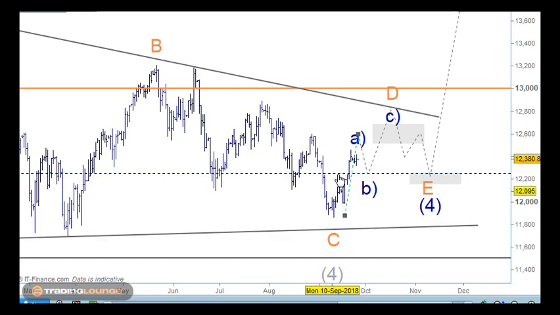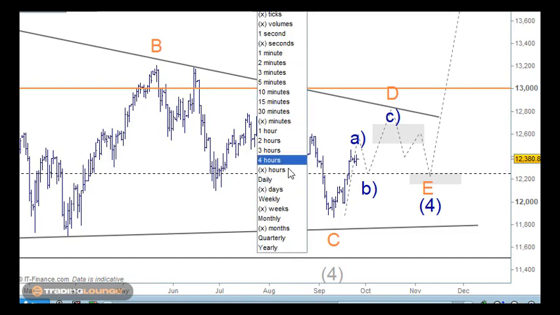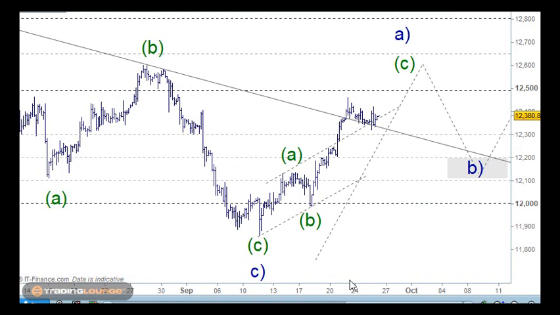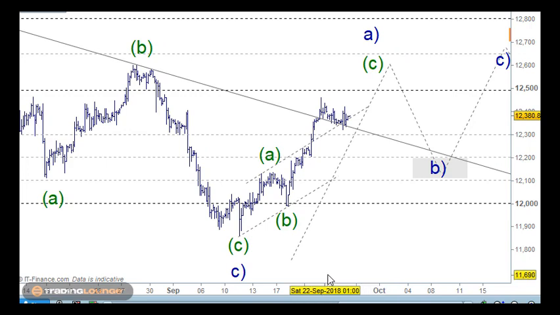If it was an A and a B and a C up here to make wave A, then wave A and wave C would have some sort of relationship in terms of equality, but this move up through here is really quite strong, so it makes it pretty much a third wave here that's unfinished.